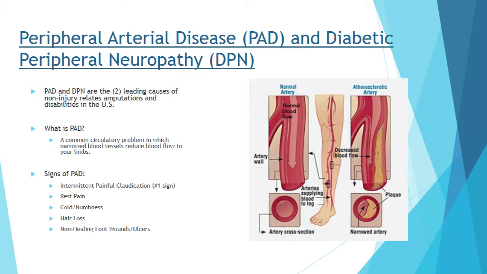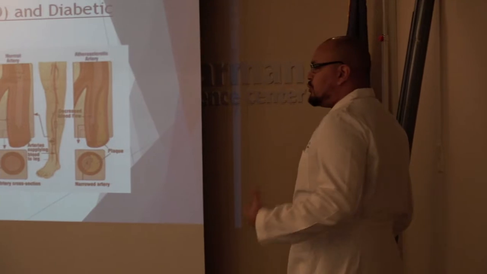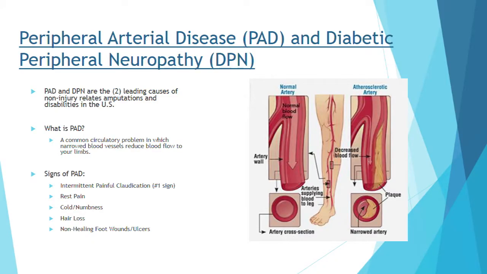You'll have patients that can walk a block or 2 blocks and then get excruciating cramping to their calves. And why that is, their muscles are becoming hypoxic because they don't have blood flow or circulation to that area. Patients then can develop rest pain, cold and numbness, hair loss. Non-healing wounds and ulcers are all signs of peripheral arterial disease.